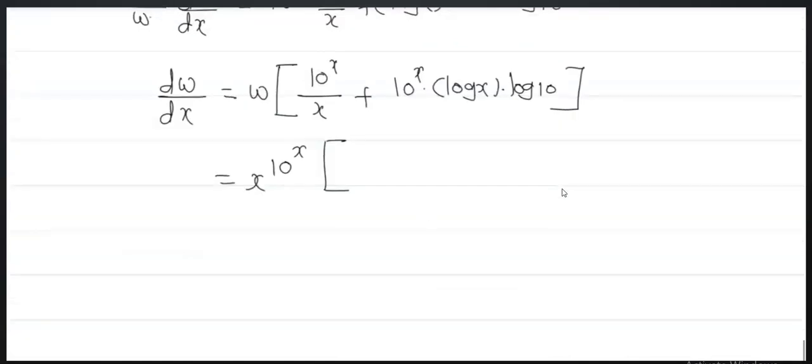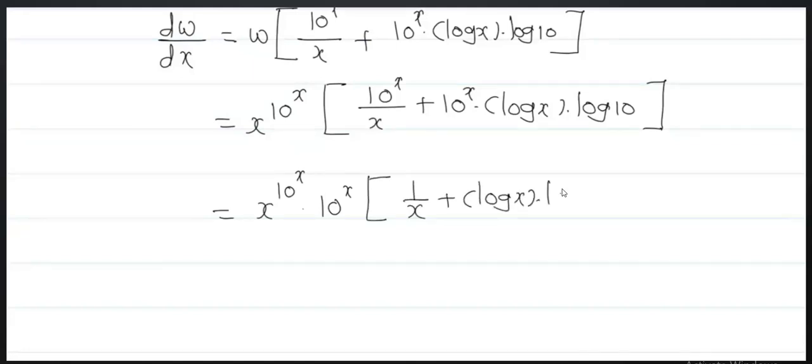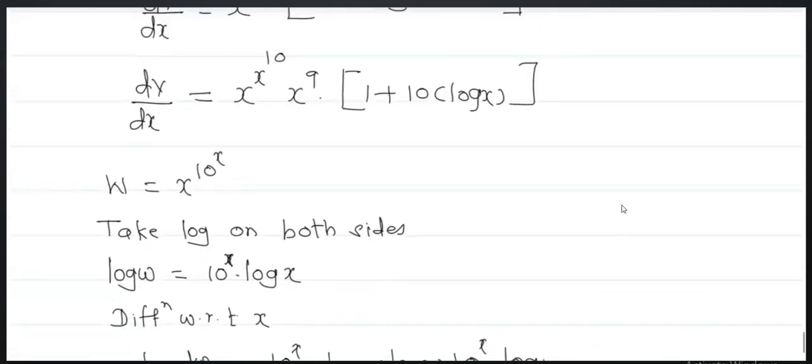Therefore, x raised to 10 raised to x in bracket 10 raised to x upon x plus 10 raised to x into log of x into log of 10. Therefore, x raised to 10 raised to x into 10 raised to x in bracket 1 upon x plus log of x into log of 10. Therefore, dy by dx.